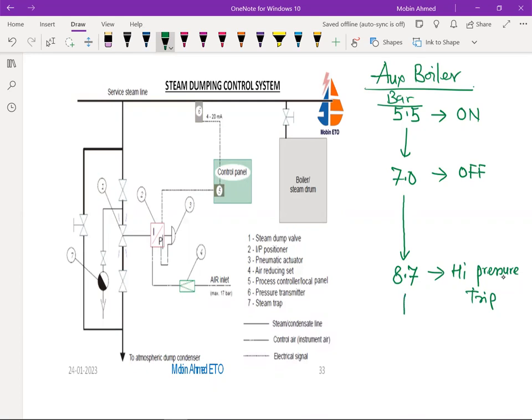This is supposed to trip the boiler. But if it is not able to trip the boiler, at 9 bar you will find your safety relief valve will operate. This is number 1. And if this is not able to operate, there is one more valve set at 9.1, the safety relief valve number 2, which is supposed to operate.